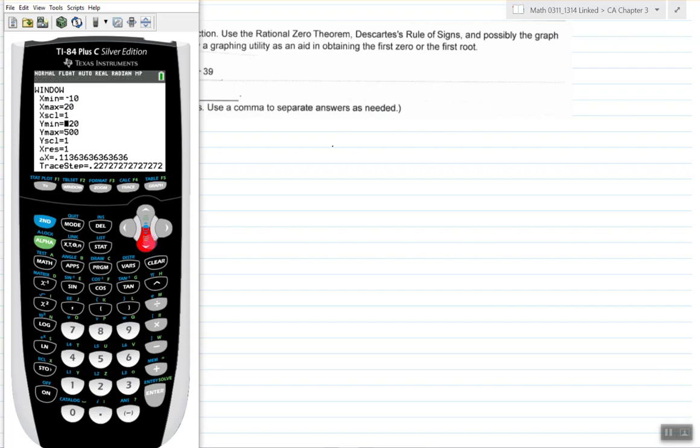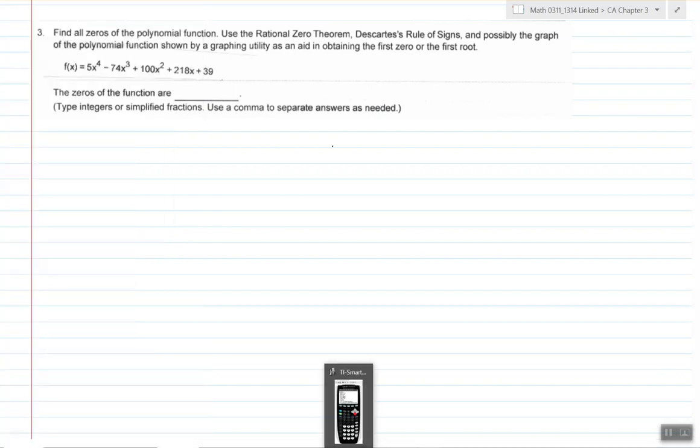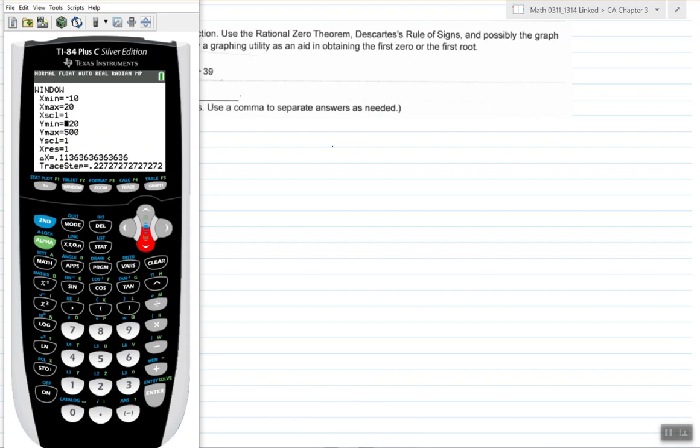Now on the y's, I need it a lot further down. How about negative 500? Let's see. All right, I don't think it's that important that I see this turning point down here, this minimum value.